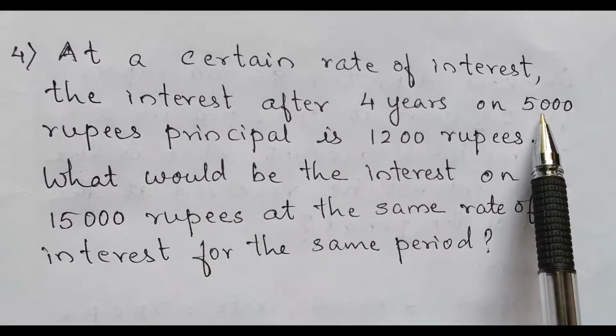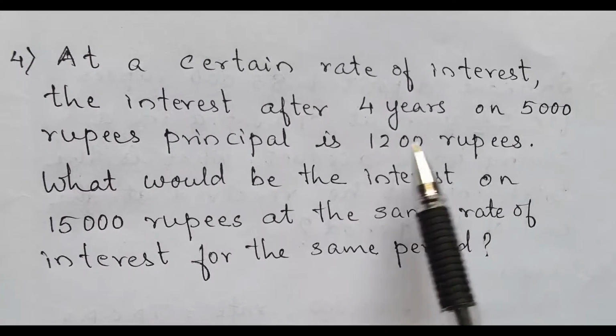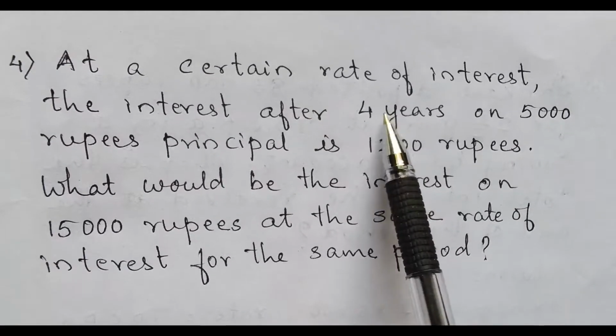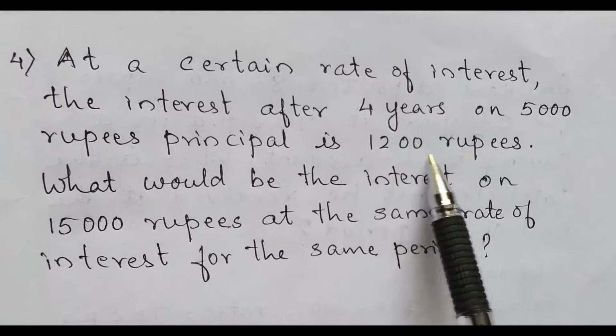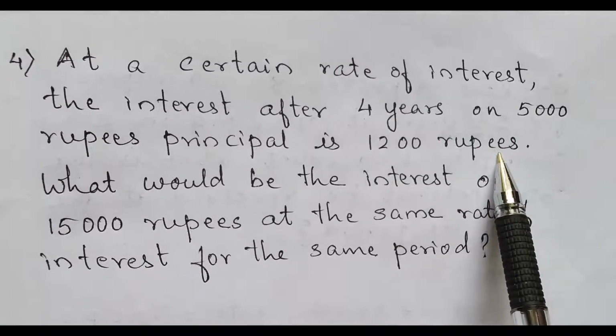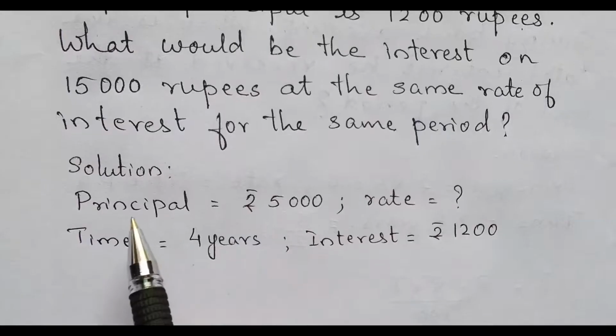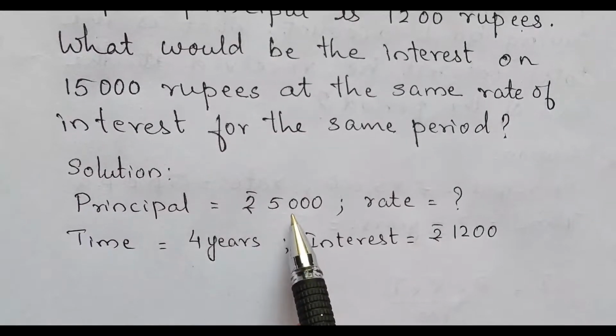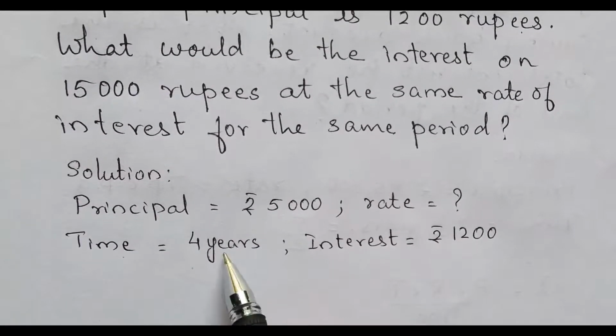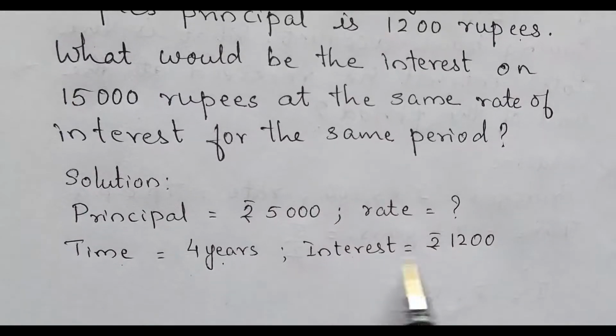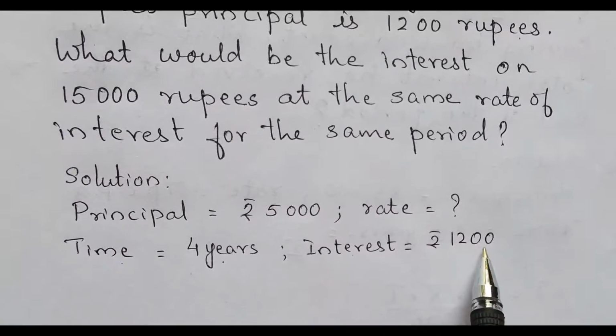The principal is given as 5,000 rupees. The interest on this for 4 years is 1,200 rupees. So using this, first let us calculate the rate of interest. So it's given the principal is 5,000 rupees, time is 4 years, and the interest is 1,200 rupees.